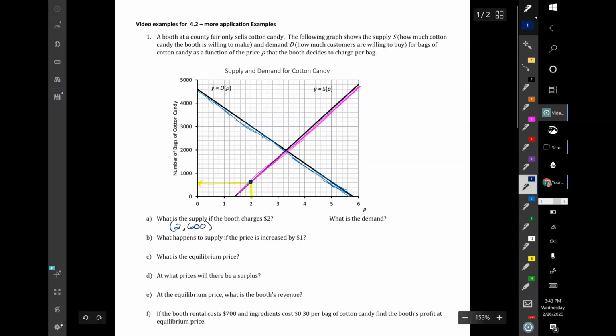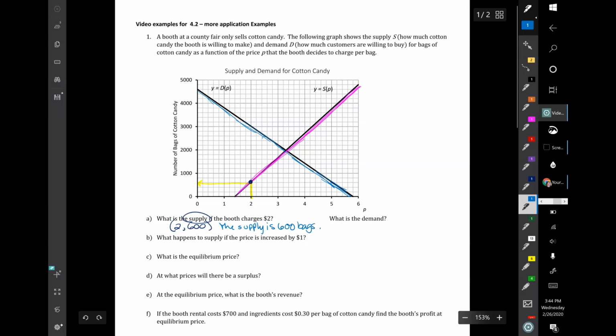So if it's asking just about the supply, I would say the supply is 600 bags at that $2.